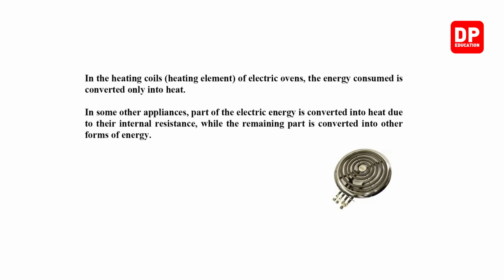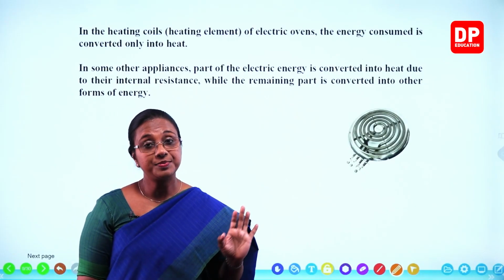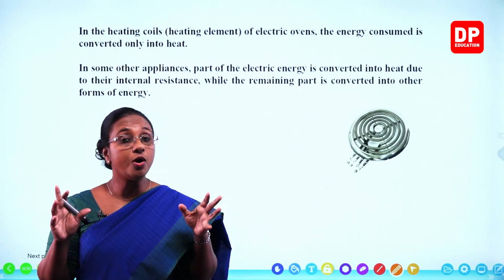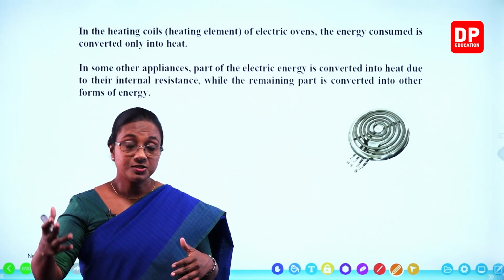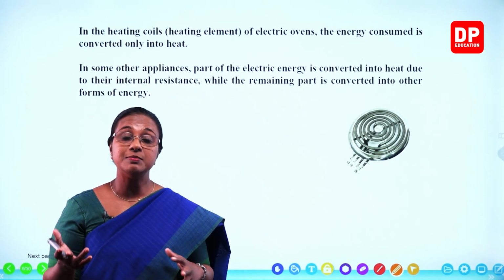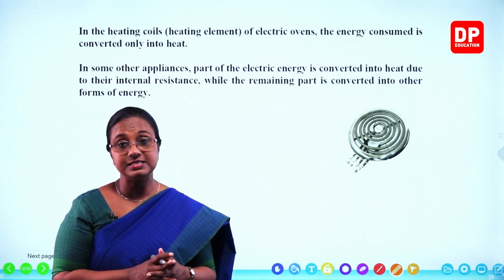In the heating coils, heating element of electric ovens, the energy consumed is converted only into heat. Now this is something I have discussed slightly, touched on. I told you all the devices, irrespective of their energy conversion, do produce heat. Why? Because they have internal resistance.